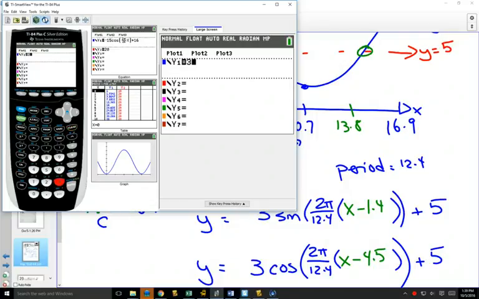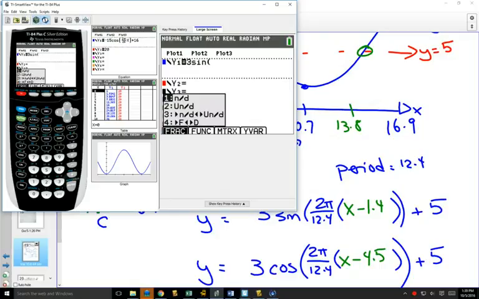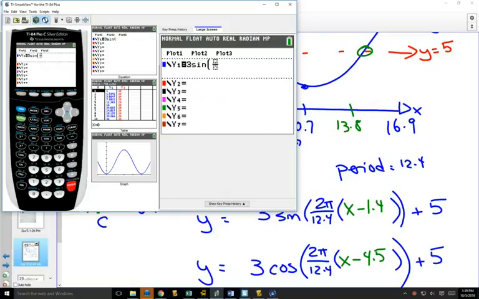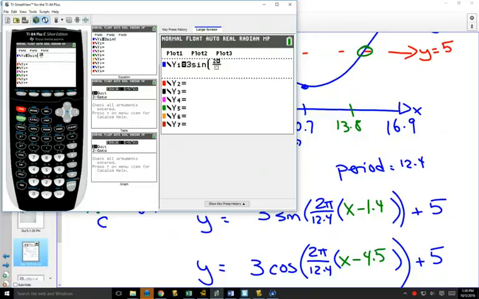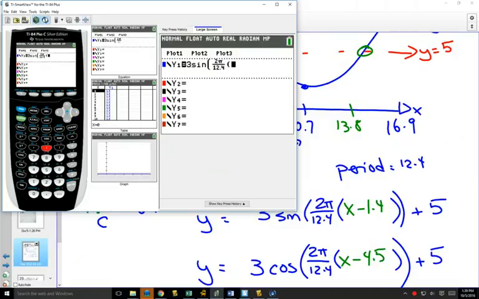I'm going to go 3 sine x minus 1.4 plus 5.